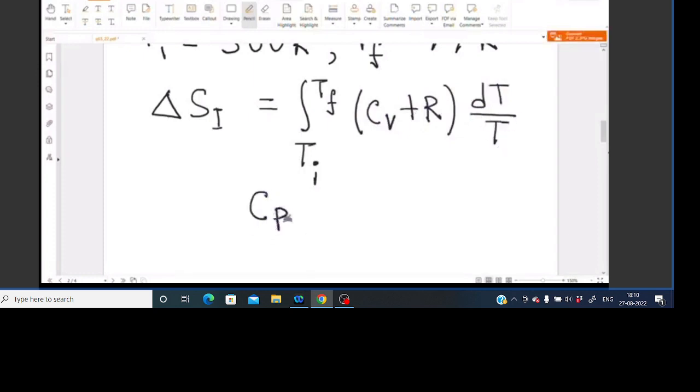For 1 mole of ideal gas, we have Cp minus Cv equal to R, where Cp is the specific heat at constant pressure. So we replace Cv plus R by Cp.